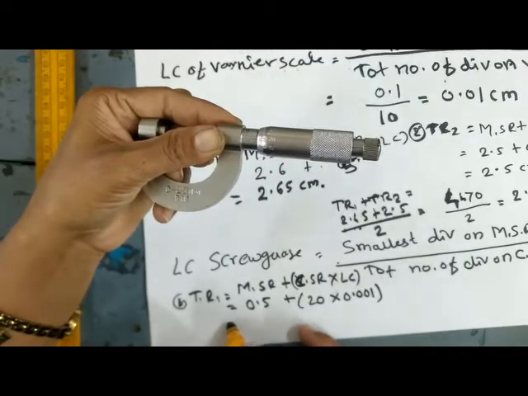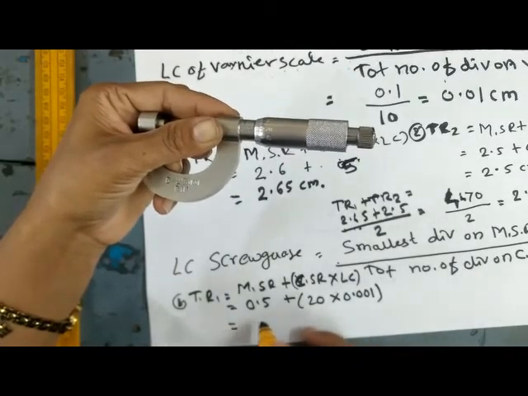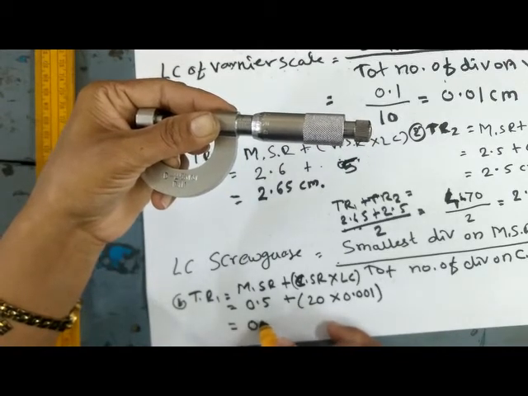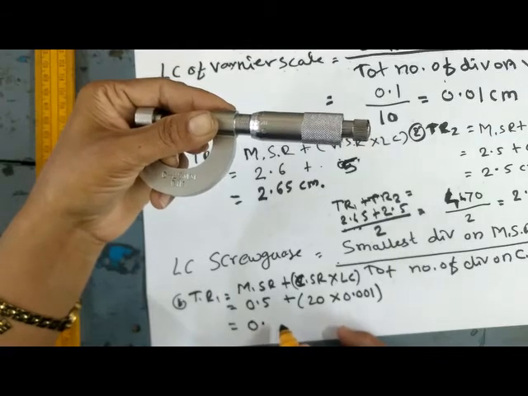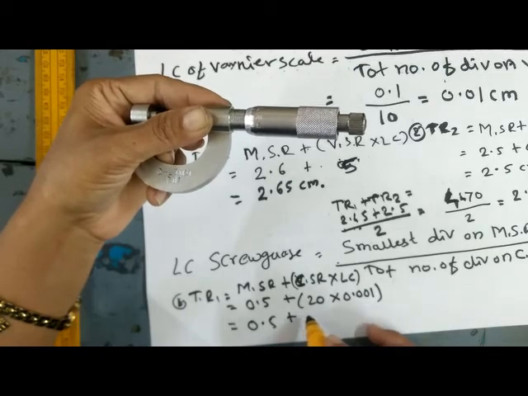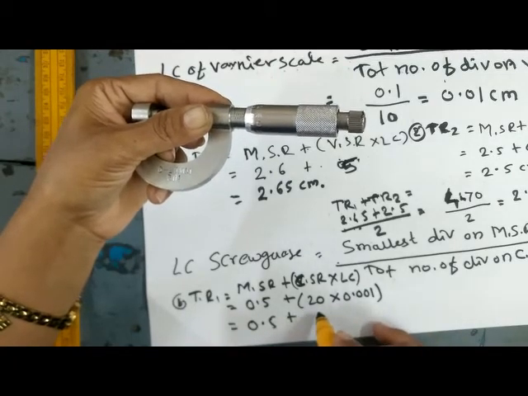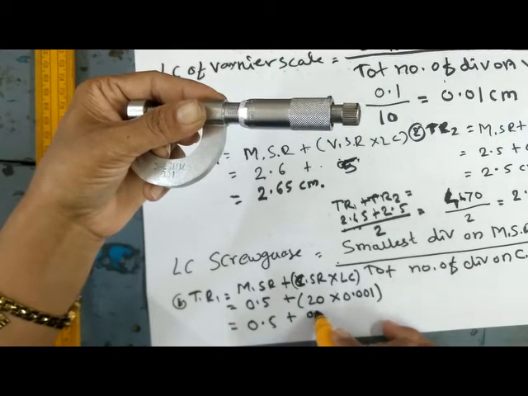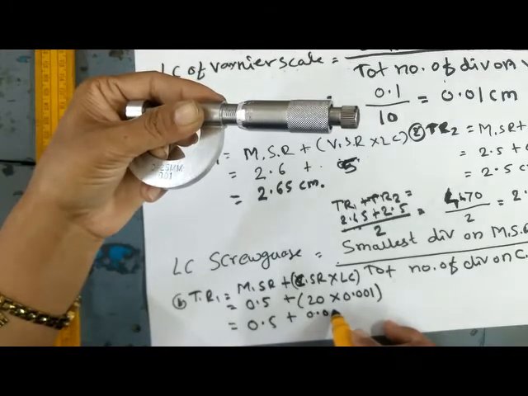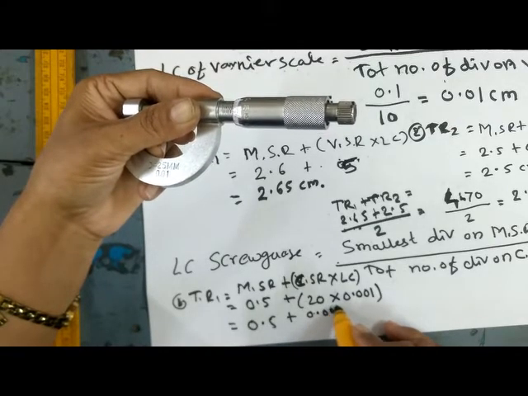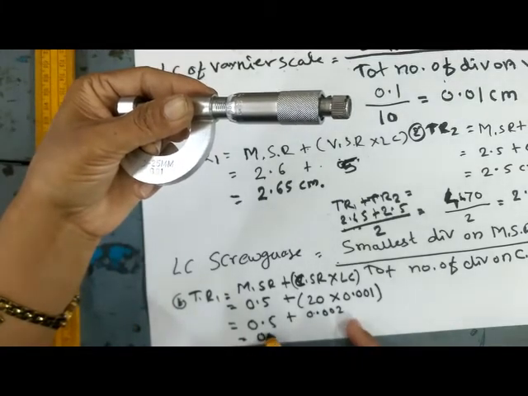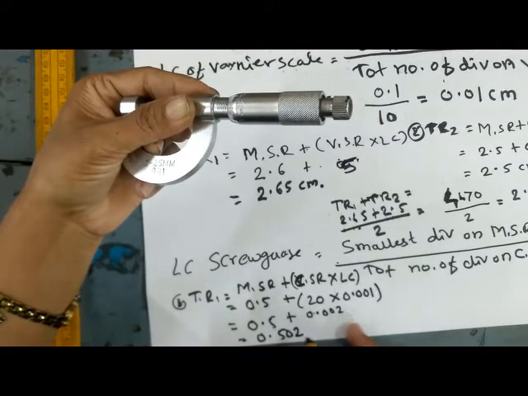So we get 0.5 plus this multiplied by 0.001, that is 0.02. So we get 0.502.